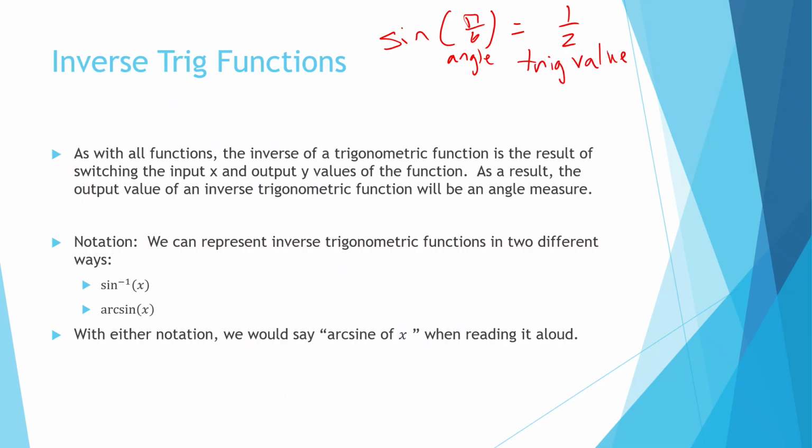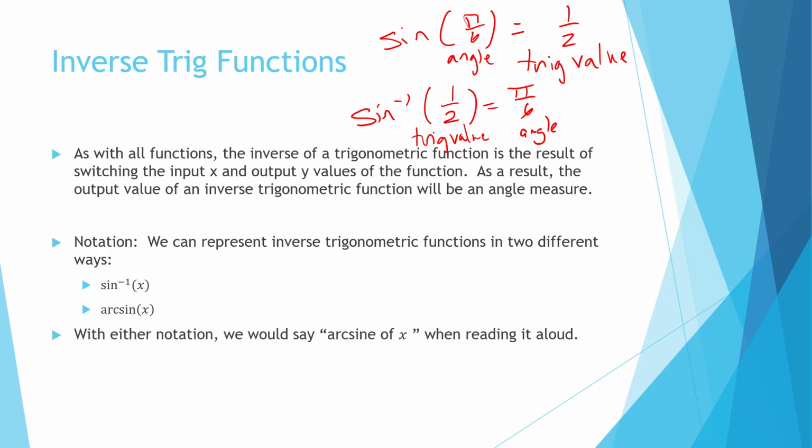Now we're going to be defining the inverse function of this, which, remember, the inverse function is when you switch x and y. And so here, if we were to find the inverse function of sine, we would say sine to the power of -1. This is not actually to the power of -1, it's just how we write the notation of inverse sine of 1/2 equals pi over 6. So this is the inverse sine of a trig value equals an angle measure.